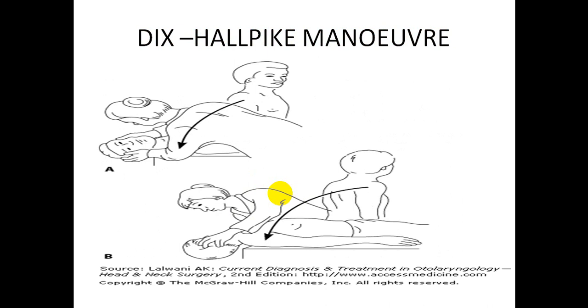We ask the patient to turn the head 45 degrees towards the right side, and then we ask the patient to lie down with the extension of the neck about 30 degrees, and then we examine the patient for the positive signs, which are, number one, the presence of vertigo, and number two, a nystagmus with characteristic findings.